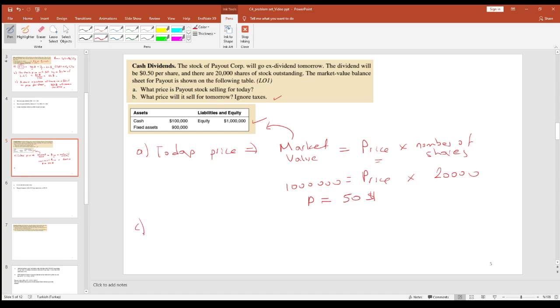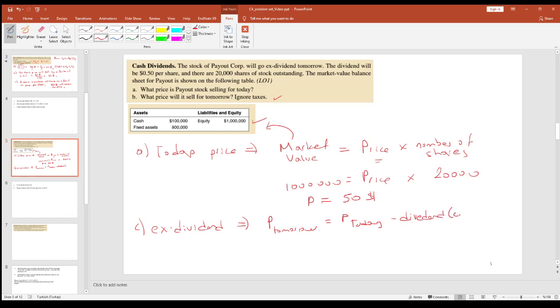So on the ex-dividend day, the result will be simply the difference between price and dividend per share. For this reason, price tomorrow will be price today minus the cash dividend.